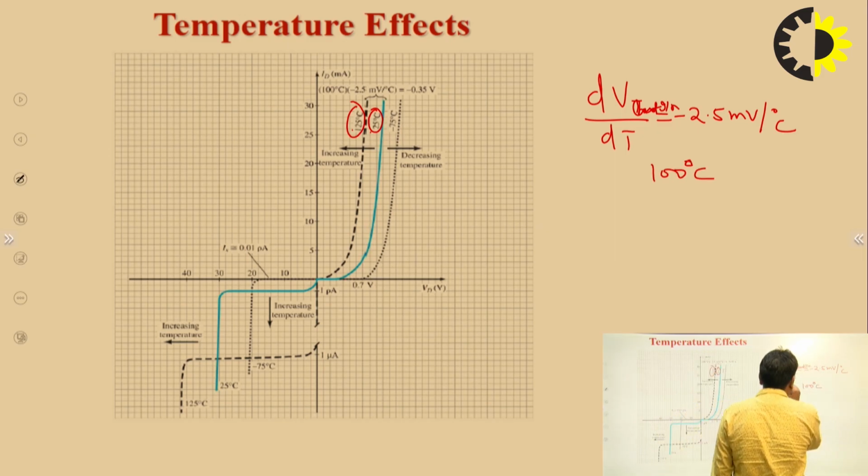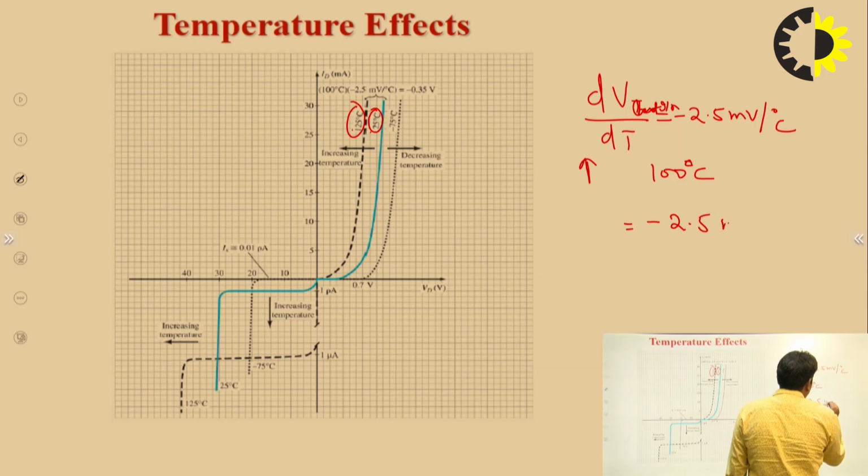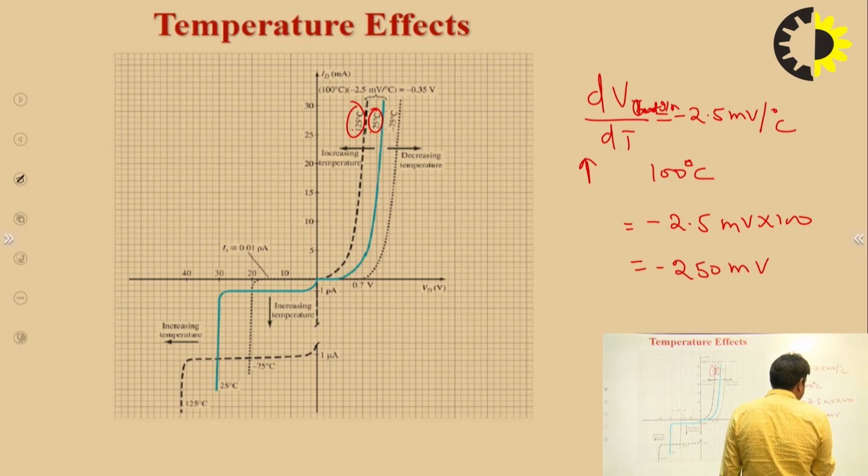If we multiply this millivolt by 100 degrees, that means minus 250 millivolts, that is, minus 0.25 volts.